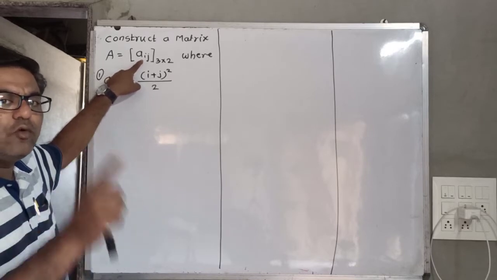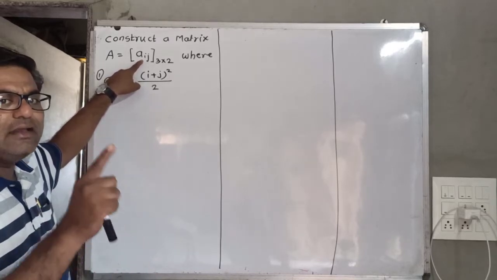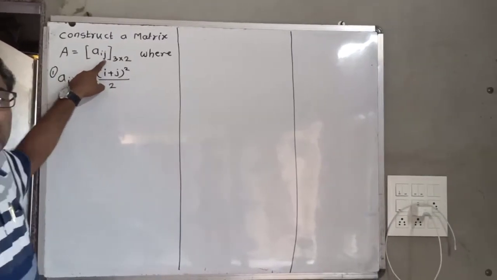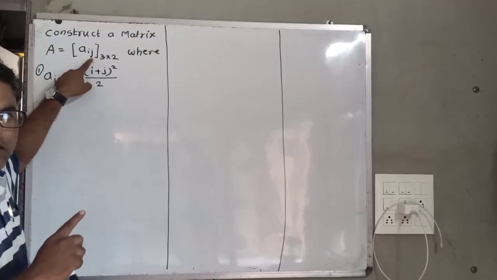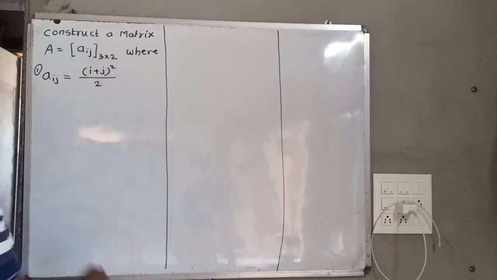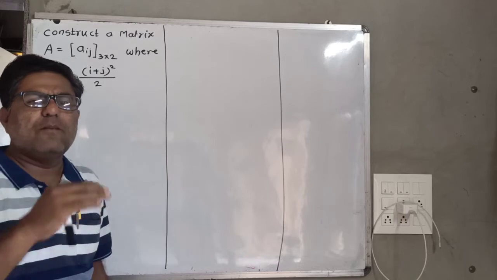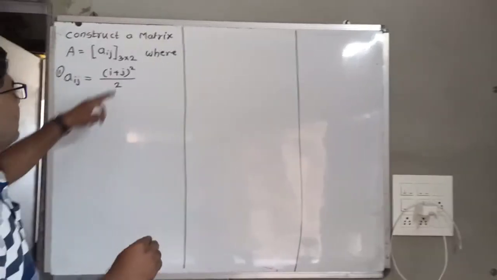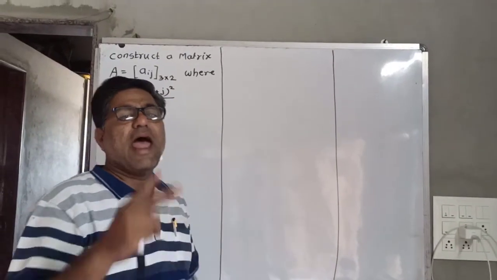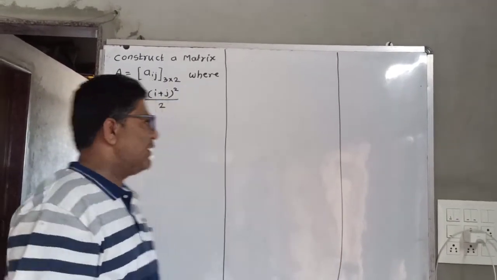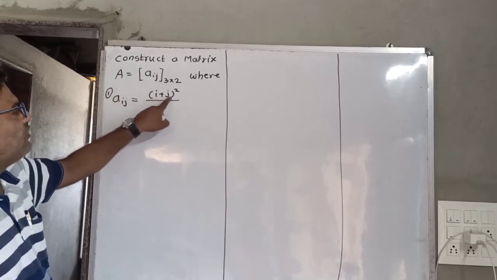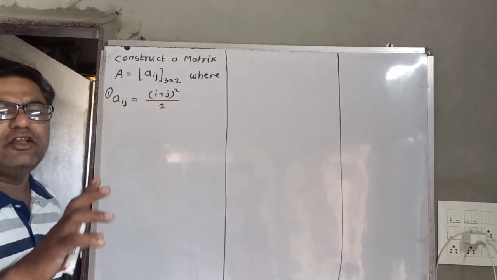Again and again I told you that small i is the position of the row and j is the position of the column. And 3 by 2 is the order, which means we are going to construct a matrix with 3 rows and 2 columns, and the condition for the elements is aij equal to (i plus j) whole square divided by 2.